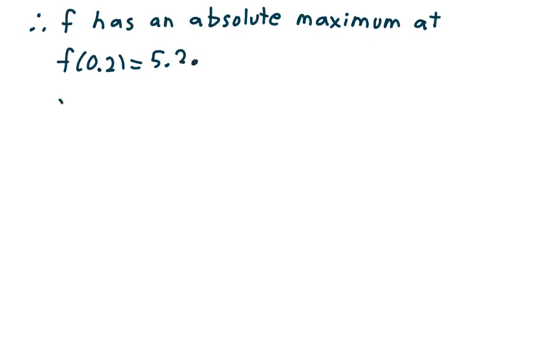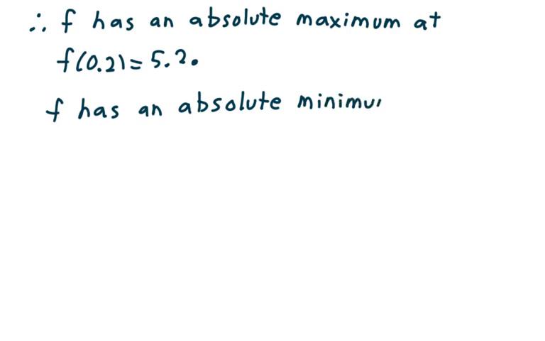And then I'm going to say f has an absolute minimum at f of 1, which is equal to 2. And that's how we do problem number 57.